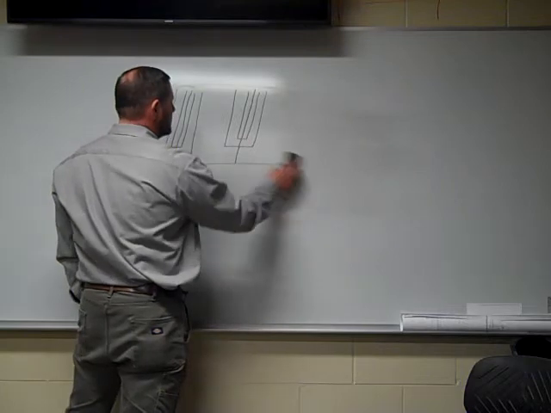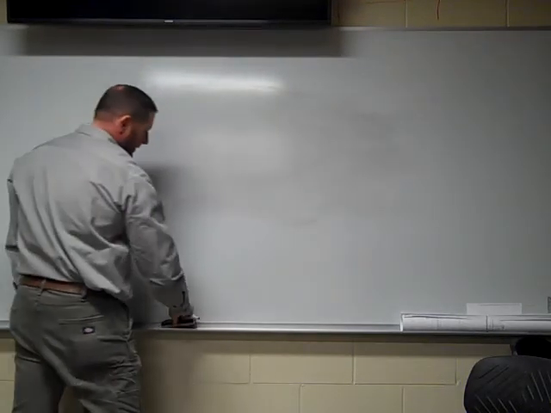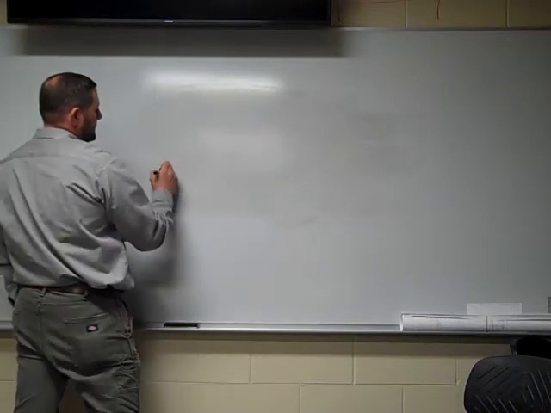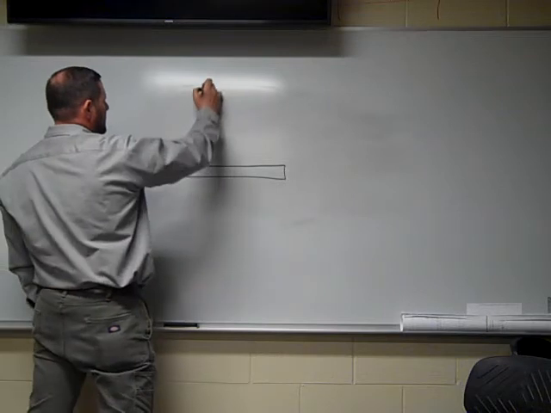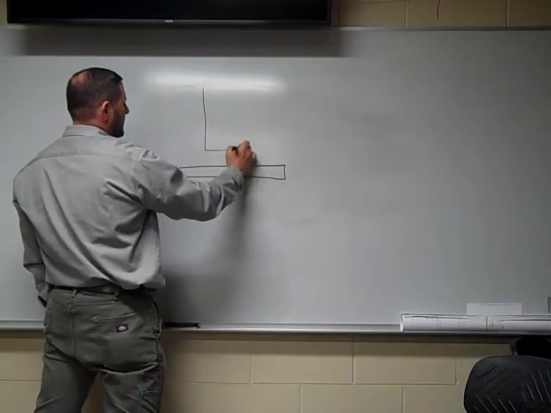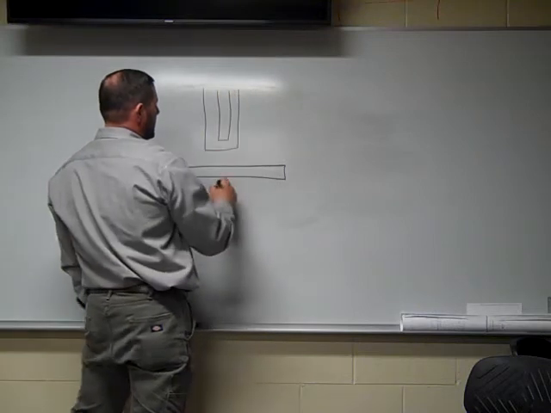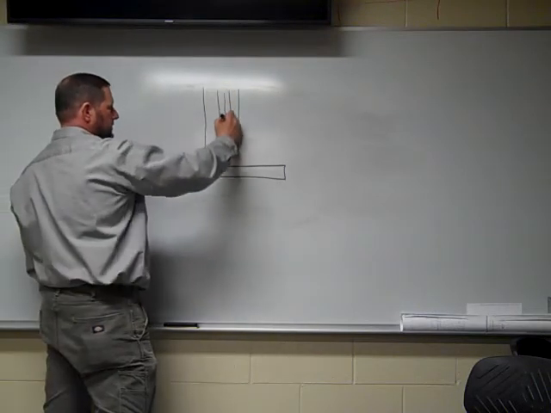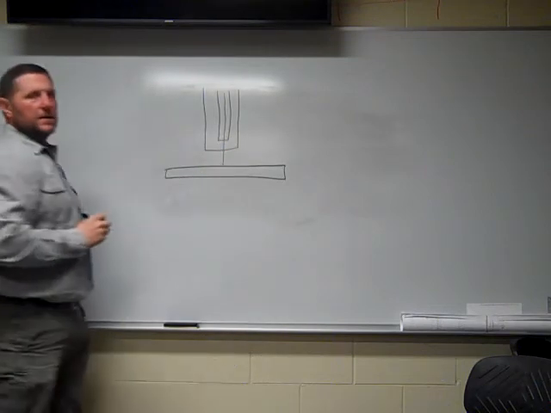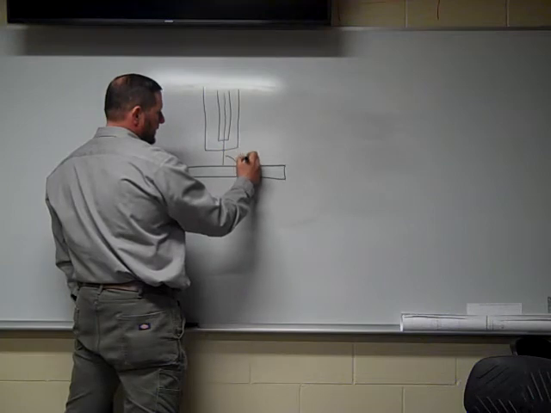Gun angle, that is typically the angle of my gun. Here's my base metal that I'm welding. So this would be what they call perpendicular gun angle. Here's my contact tip into my welder. It's at a 90-degree angle. Wire coming through here. So that means that when this actually hits through here, you're at a 90-degree angle.